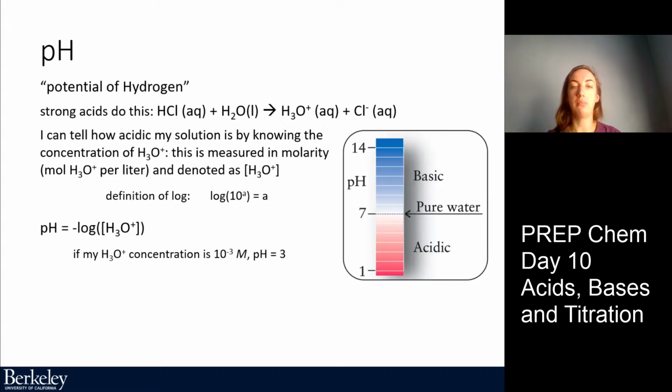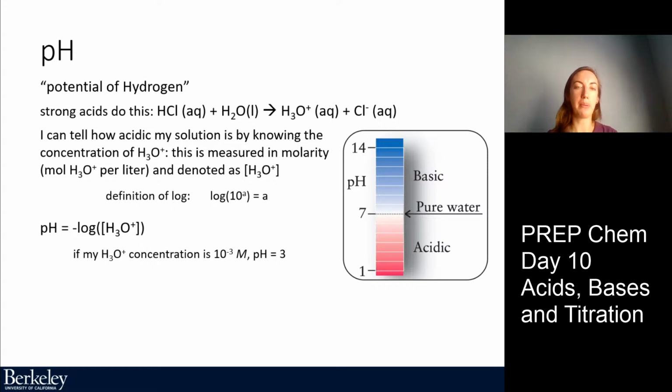We have characterized the pH of a whole variety of solutions, and pure water has a pH of 7. So that means that if I take pure water, I will have an H3O plus concentration of 10 to the minus 7 molar.